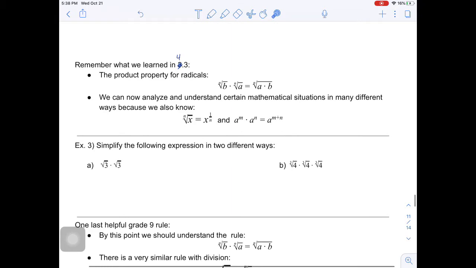Now that we have new tools, we can analyze and understand certain mathematical situations in many different ways, because we also know fractional exponents. And remember, if you are multiplying similar bases, you add their exponents. So we have 3 really useful rules here.